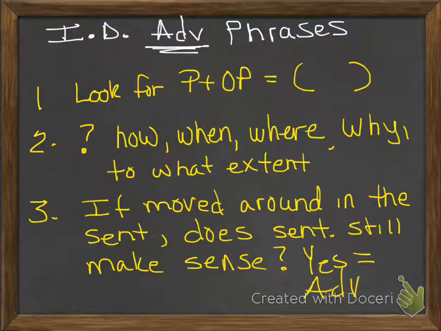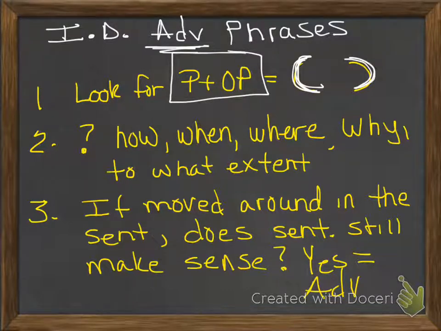First and foremost, when you get a sentence, the first thing you're going to do is look for that preposition and object of the preposition pattern. Remember, those are the non-essential parts of the sentence. So you want to identify them quickly so you can make sure you find your subject and your verb. And you're going to put parentheses around it.